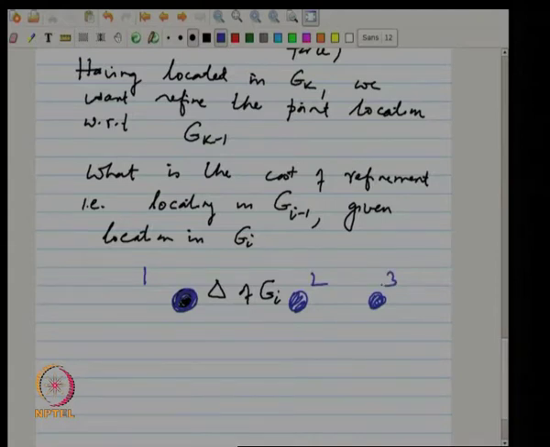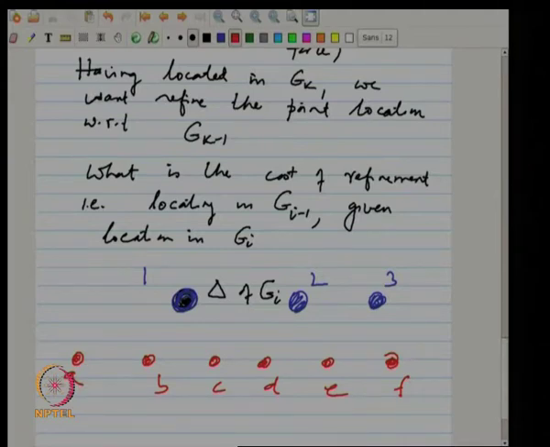I am not drawing the entire picture, only that particular subdivision, and there are these A, B, C, D, E, F. These nodes represent the 6 triangles of the red triangulation of that particular subdivision.